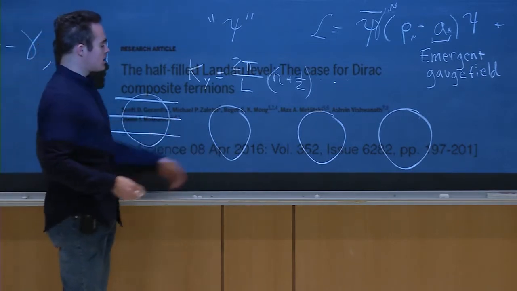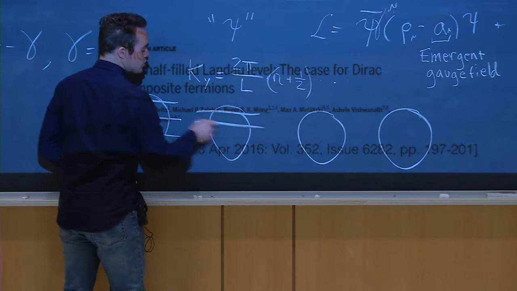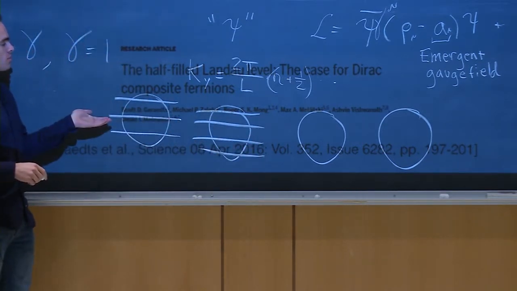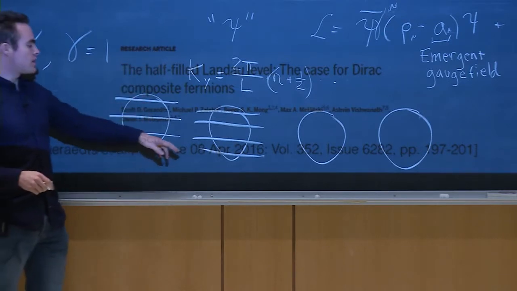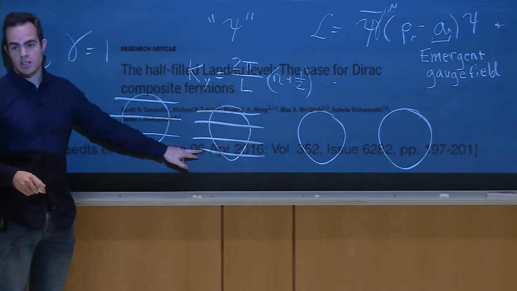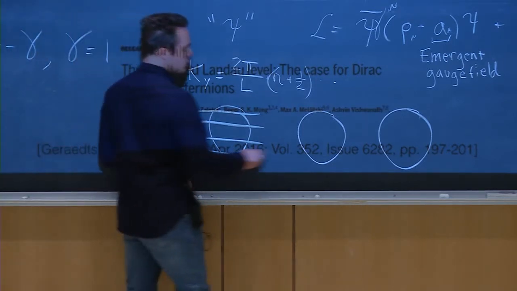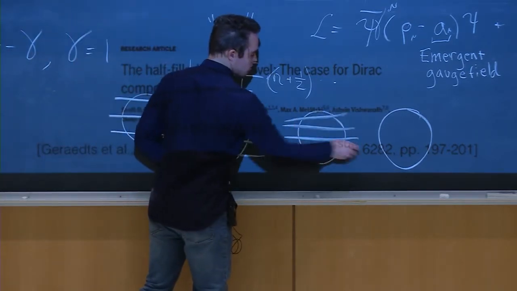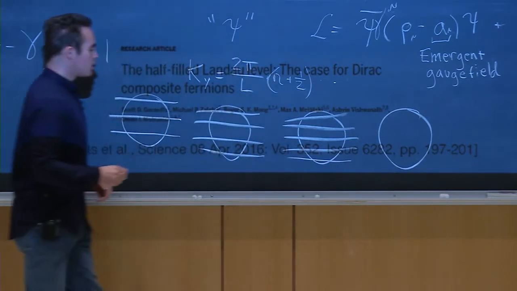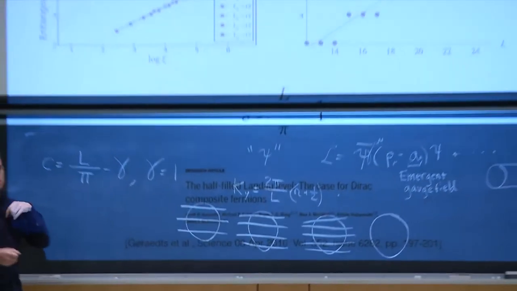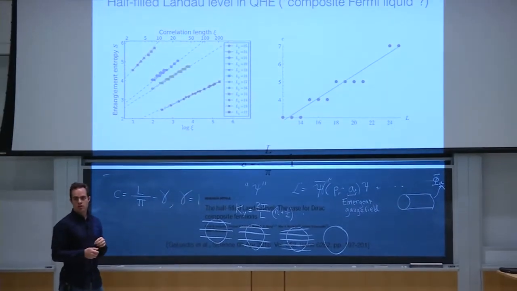But then when you go to slightly larger cylinders, the gauge field decides on its own to thread pi flux through the system. And now the objects see anti-periodic boundary conditions, and you can actually put 4 wires through rather than 3 or 5. And then you go to larger, and so on. So this actually explains why here we're able to see 3, 4, 5. Each time it switches, the emergent gauge field threads flux through the cylinder.